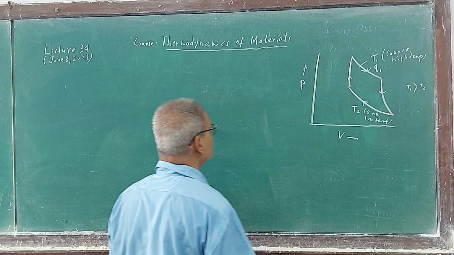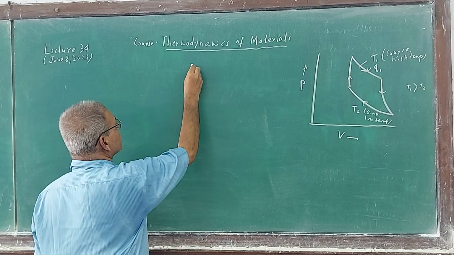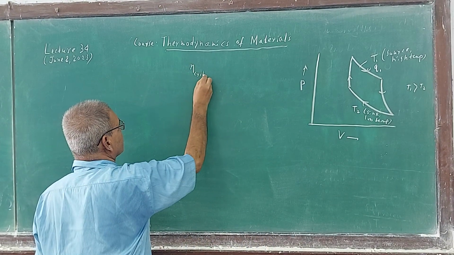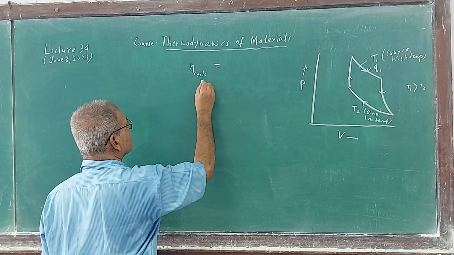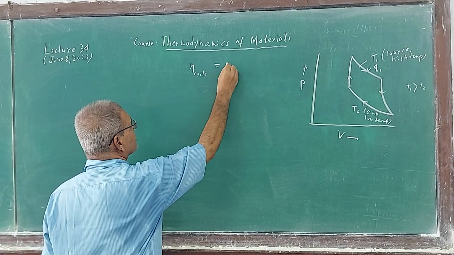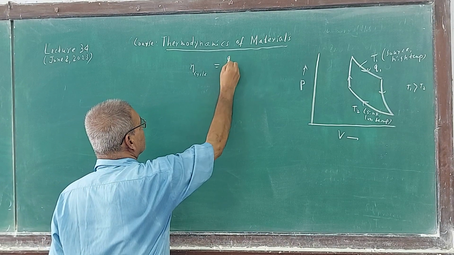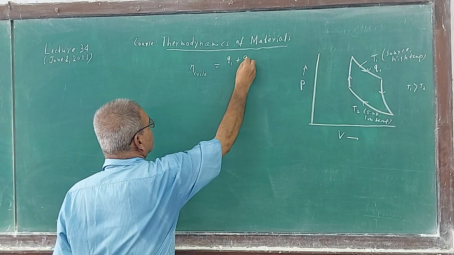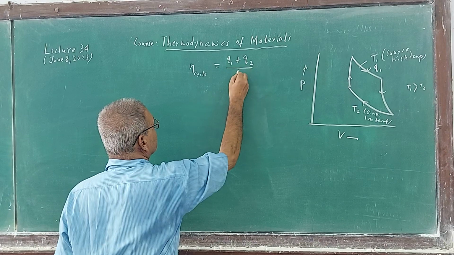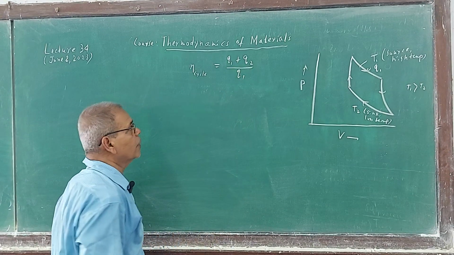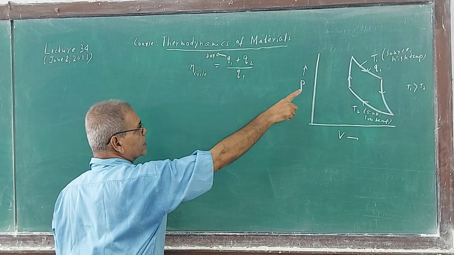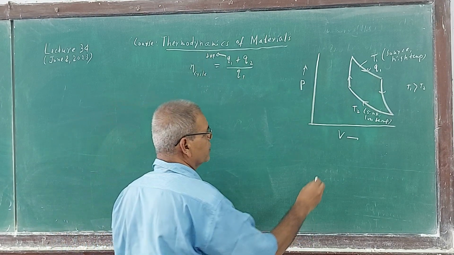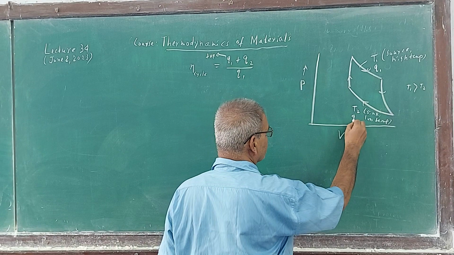So what is the efficiency of this cycle? Efficiency, generally for any cycle, is given as Q1 plus Q2 by Q1. Remember, Q1 is positive, heat absorbed by the system. You note this here, it is also Q2.